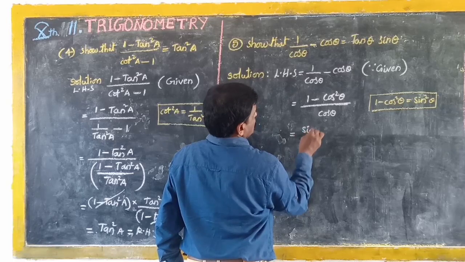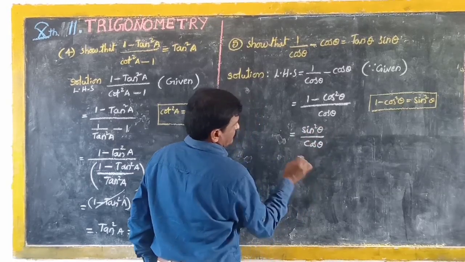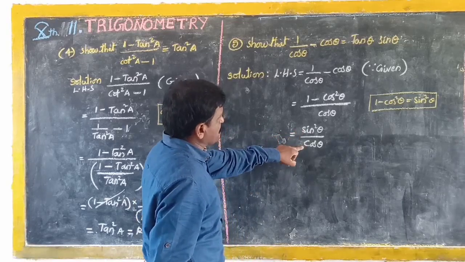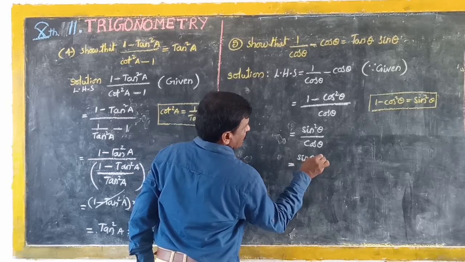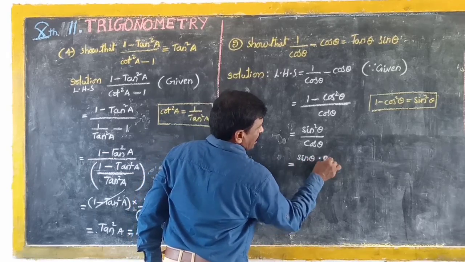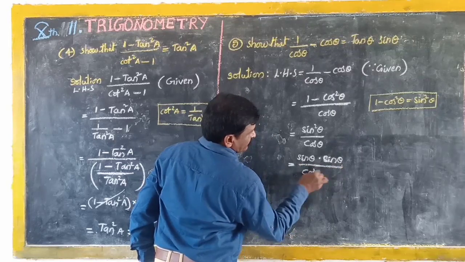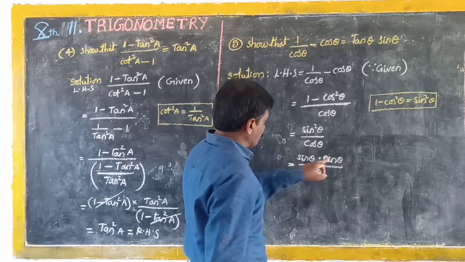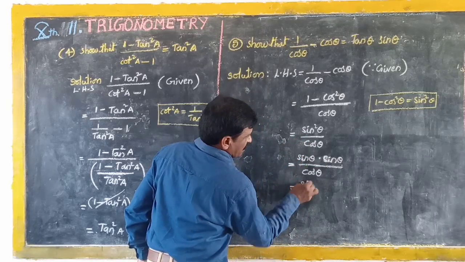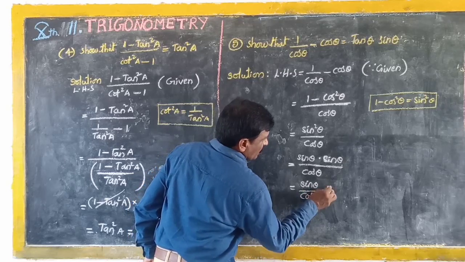So sin square theta by cos theta. Sin square is distributed as sin theta into sin theta by cos theta. A square means A into A, so sin square means sin theta into sin theta. So sin theta by cos theta into sin theta.